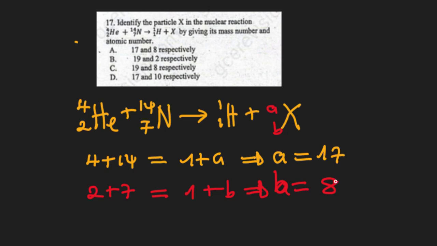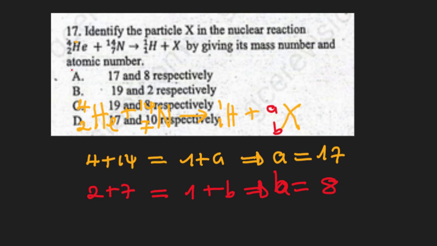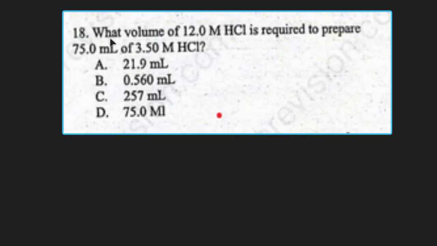I have 8. Therefore, I have 17 and 8 respectively. And if I check that, I'm going to see that our correct option is A, 17 and 8 respectively.